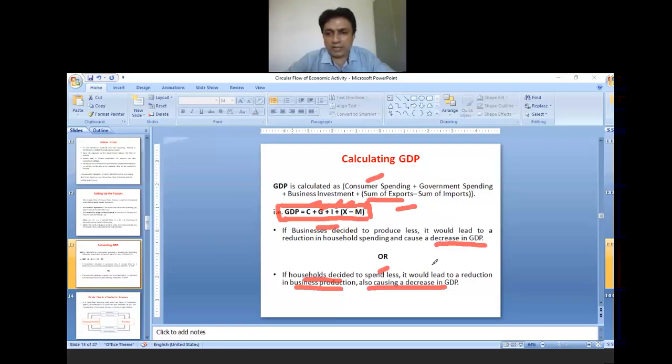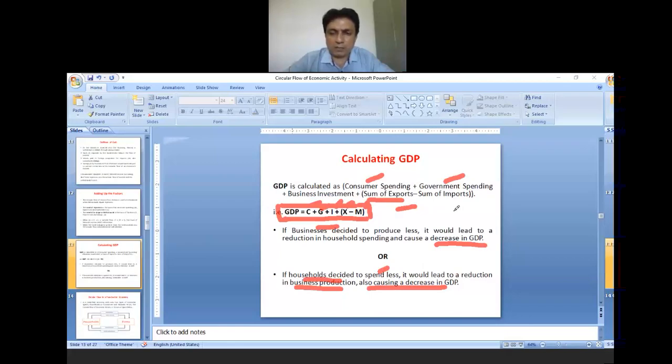So in order to balance this, we need to balance all these factors, like consumer spending and government spending, and there is a mechanism which controls these factors.